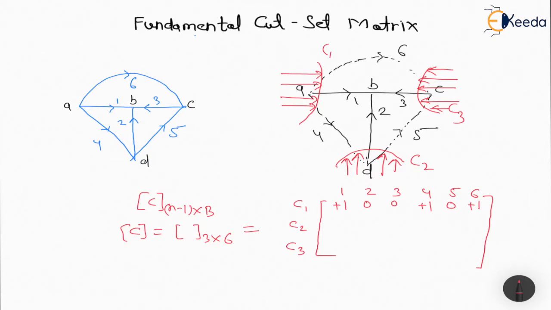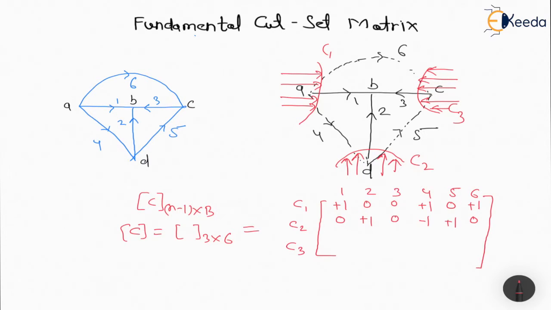Now for C2, 2 is in the same direction as C2, so plus 1, and 4 is in the opposite direction because C2 has the direction upward and 4 has the direction downward. So here it will be written as minus 1 and 5 will be written as plus 1. The rest of them will be 0, 0, 0.